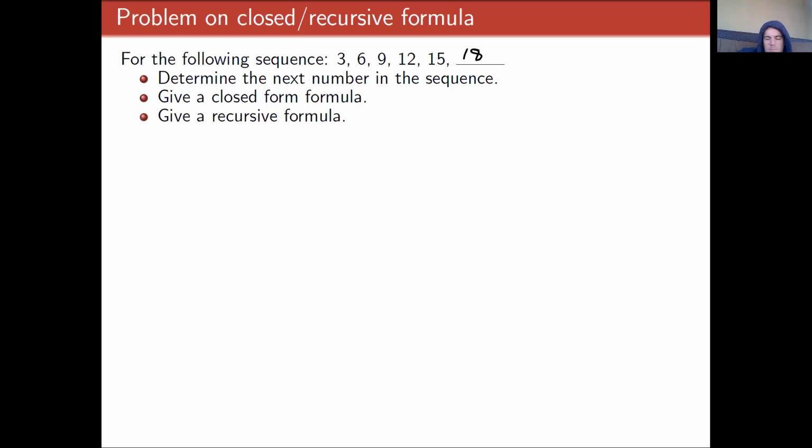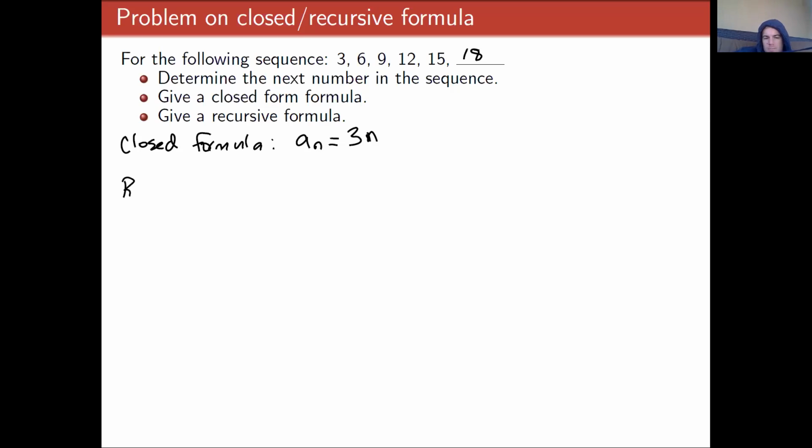Yeah, so in chat, for a closed form, we have that a sub n is equal to 3n. And we can observe that just by guessing and checking. And then what about a recursive formula? Yeah, perfect.